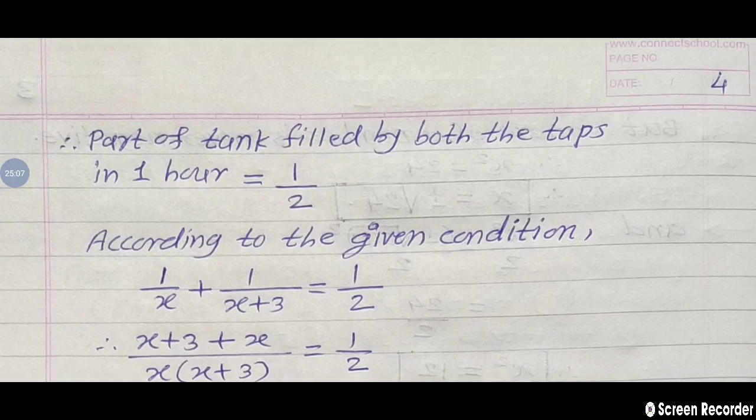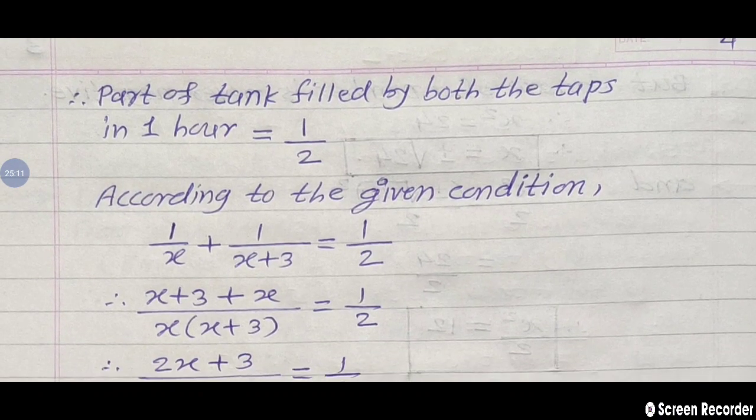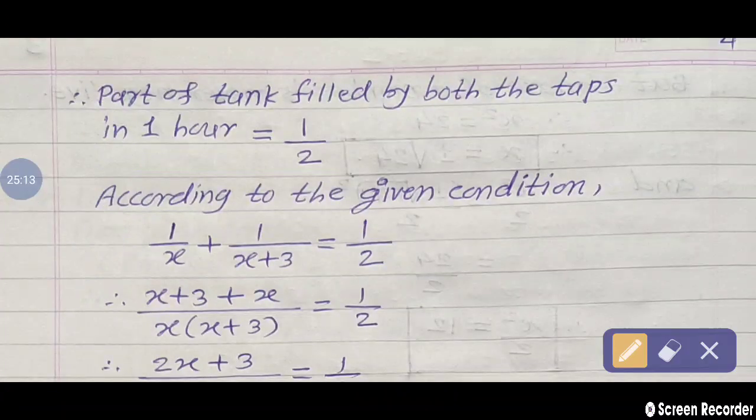Therefore, the part of the tank filled by both taps in 1 hour is, out of 2 hours, 1 hour is required here. Within 1 hour, how much part of the tank is filled? 1 upon 2.